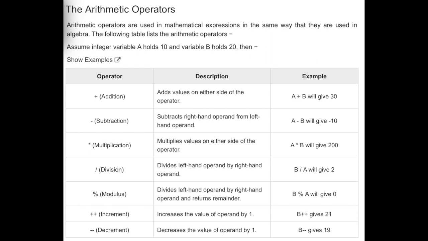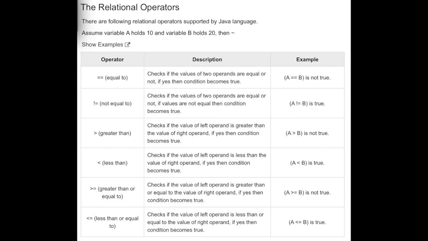The next one is the relational operators, and relational operators include the equal to. So when you're writing, let's say, an if statement, for example, you don't use just the single equal sign, you use the double equal sign if you're saying that something is true or something is false.